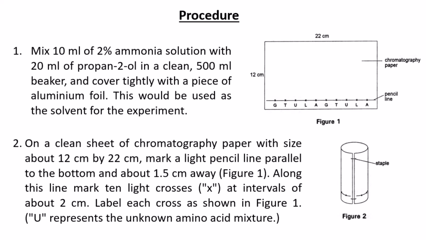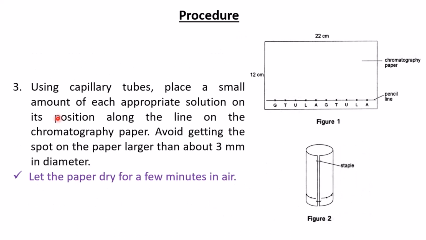So basically, these are two things we need to take note of. We staple it after folding it, and then secondly, we make sure that our paper is not touching the walls of our developing chamber.